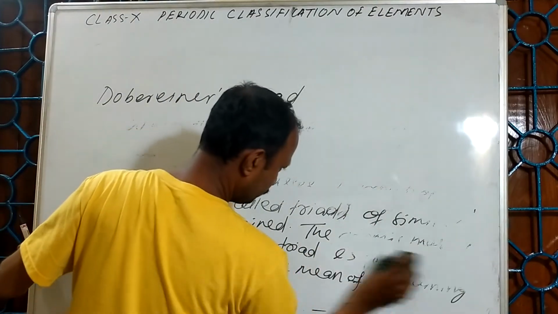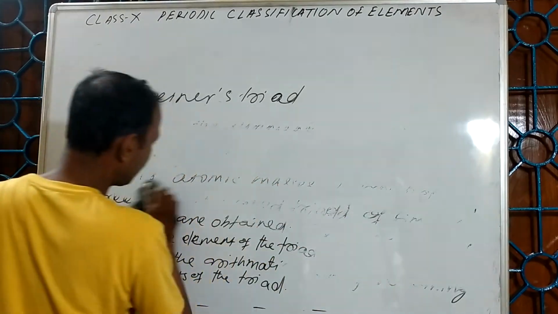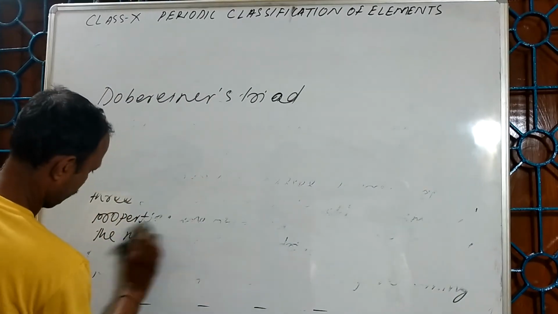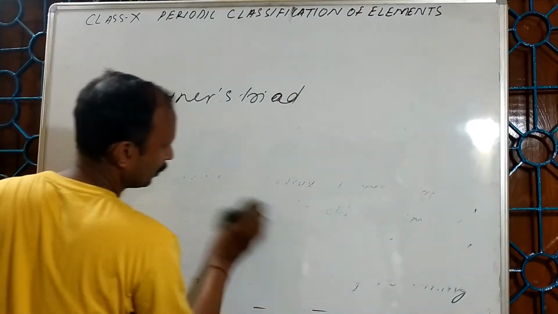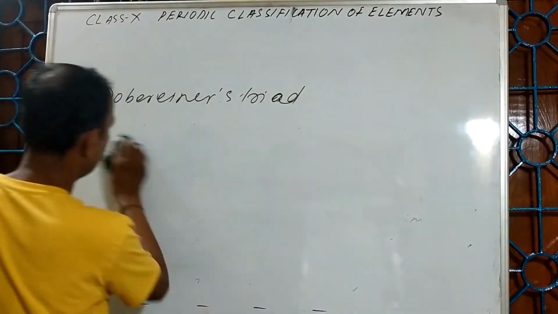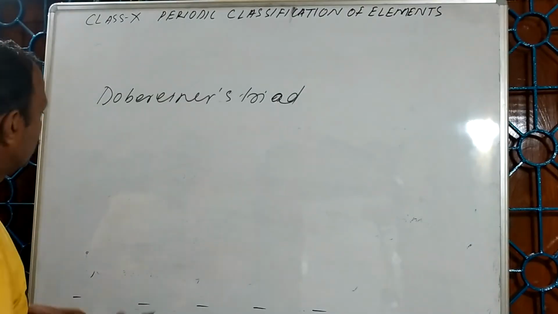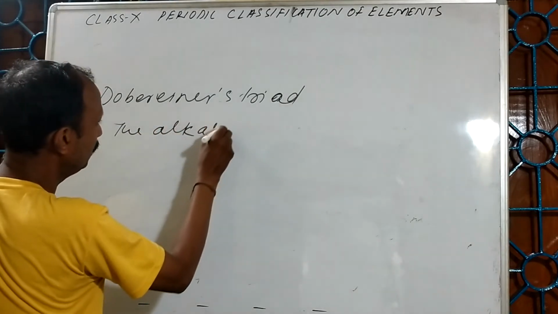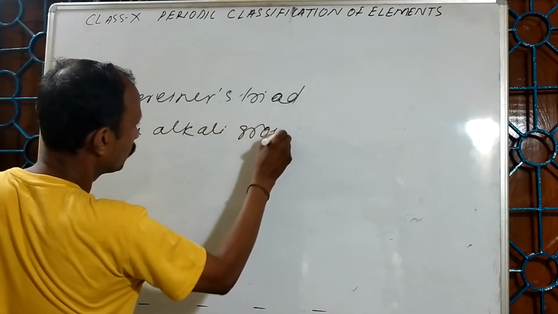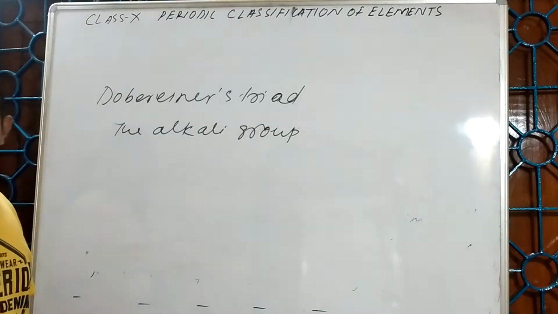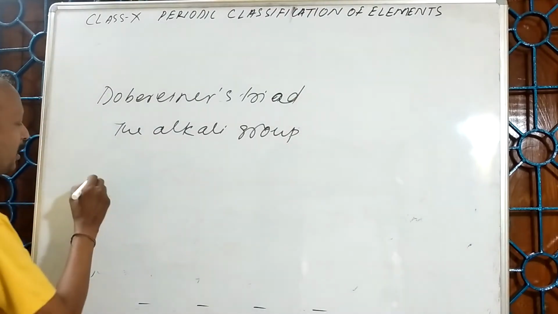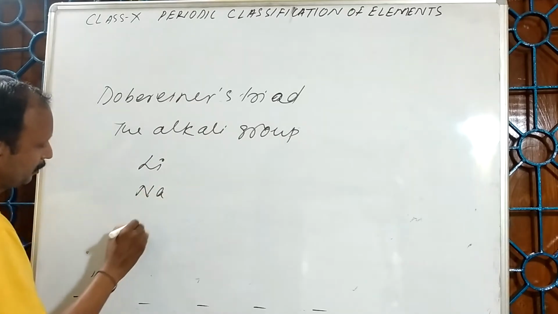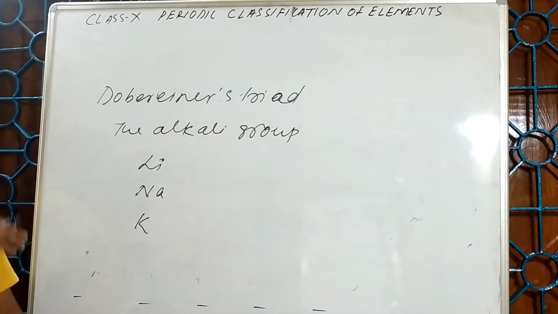First one is the alkali group. What are the alkali group? He proposed 3 elements: lithium, sodium, potassium.